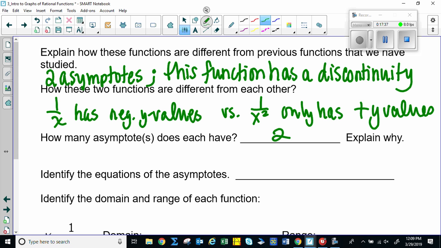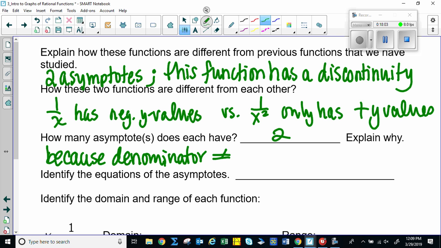Because neither of them could have a 0 in the denominator. So if I can never have a 0 in the denominator, y will never be 0. So that's why there's 2 asymptotes, because the denominator can't be equal to 0, and because the denominator can't be equal to 0, the whole function's not going to have a y value equal to 0.